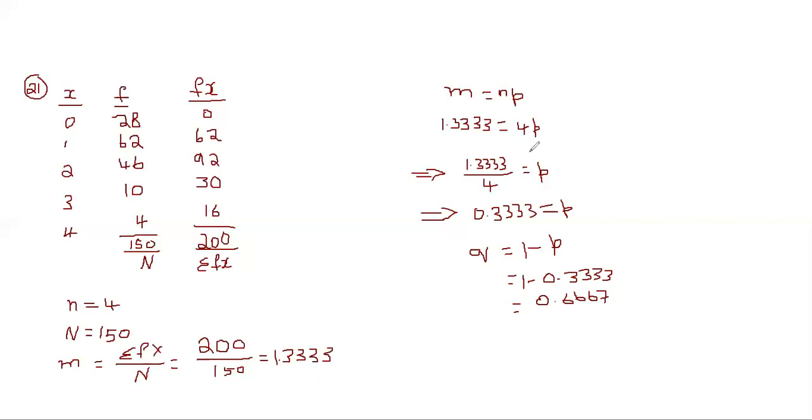So now, in order to fit the binomial distribution, we need capital N, we need small n, we need p, we need q. All things are there here.